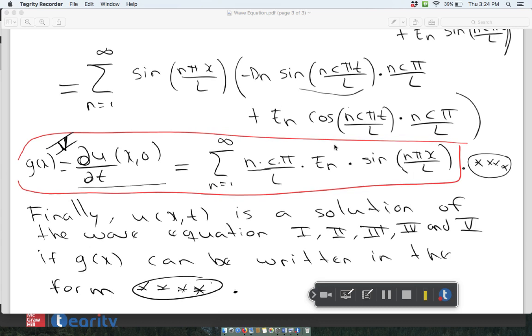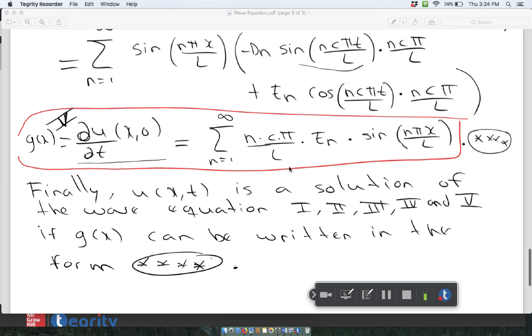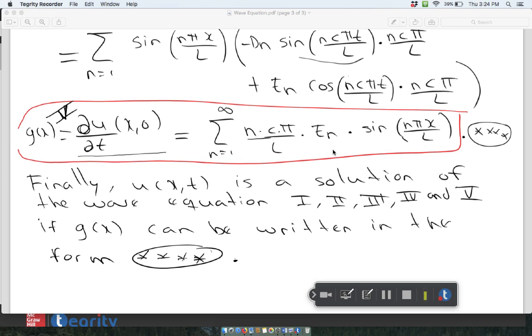So it's almost a Fourier sine series. However, this changes my function. It could be that all the coefficients are 0, so g of x could be 0.